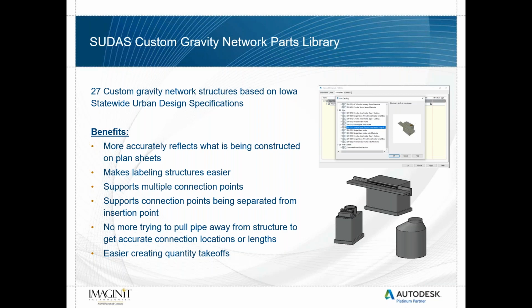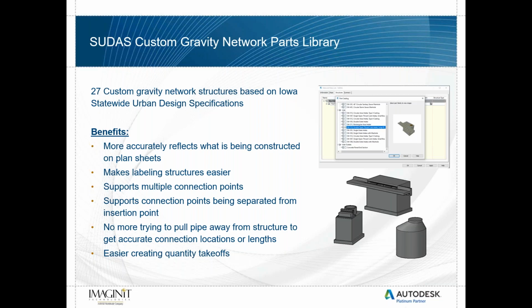Well, that's usually fine if it's a manhole. However, there are lots of times when, what about that SW501 curb inlet, where the insertion point needs to be on the back of the curb. However, we still want the pipes to connect to the center of the structure.